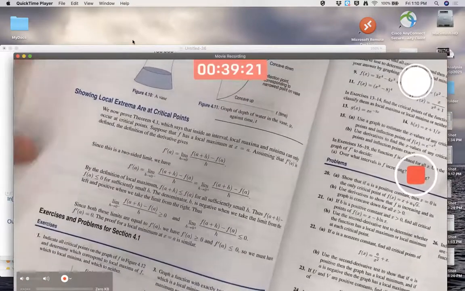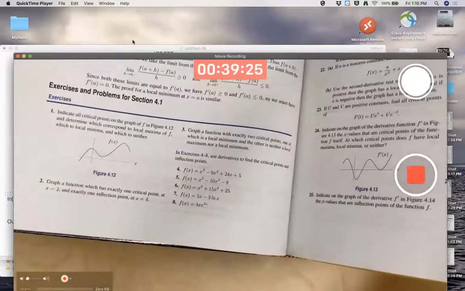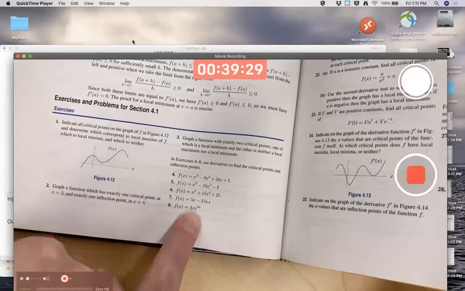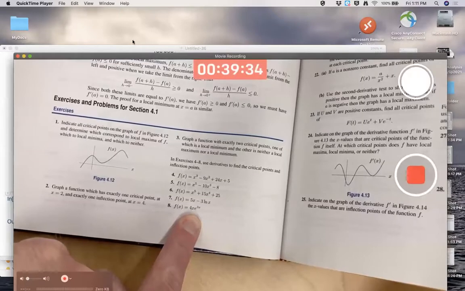Let's look at now this problem. Number 8. f of x equals 4x times e to the 3x. Do the same thing, find the critical points, find the inflection points.